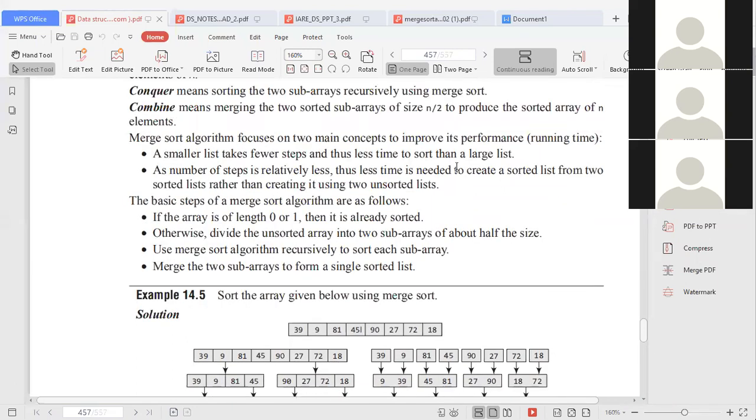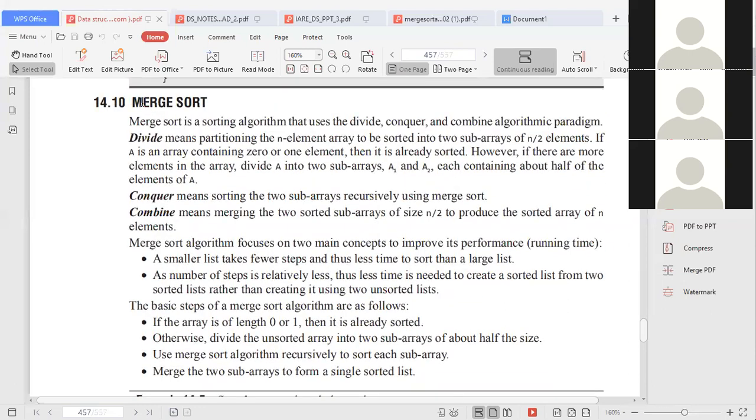First, prior to comparing the elements, what are the major steps? These are the major steps, we are highlighting them, can you see? Yes sir. Divide: first, divide the unsorted array into two halves.